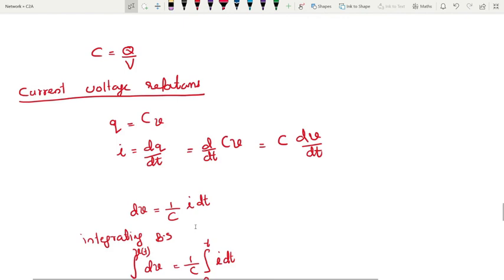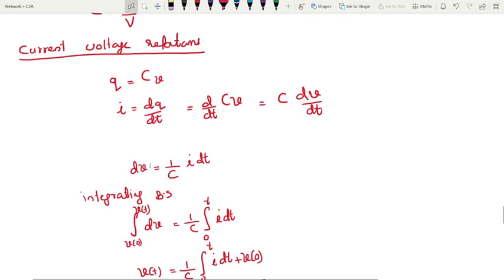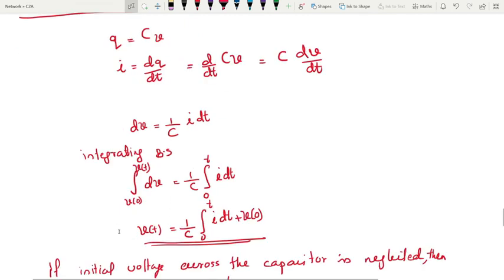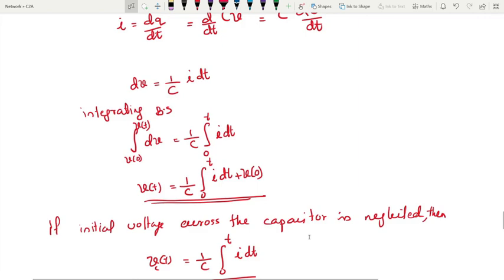Just like in the case of the inductor, if we integrate both sides of this equation, dV with the interval V0 to Vt, and 1 by C integral of the current over the interval 0 to t, we can obtain the expression for Vt, the voltage across the capacitor, as 1 by C integral 0 to t I dt plus V0, where V0 is the initial voltage across the capacitor.